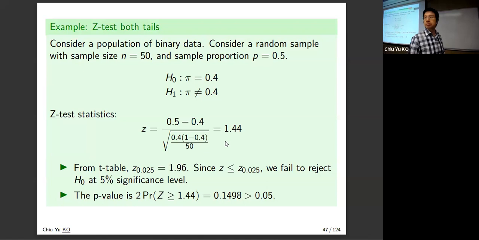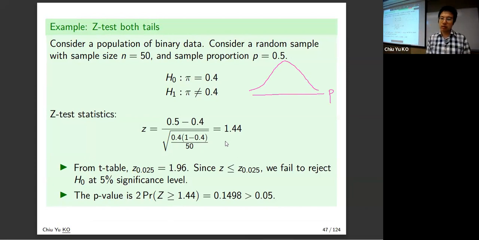Remember, when we have a proportion, it's always normal, so that means our life is easier. This is 0.4 here, and we want to see if it is different from 0.4.